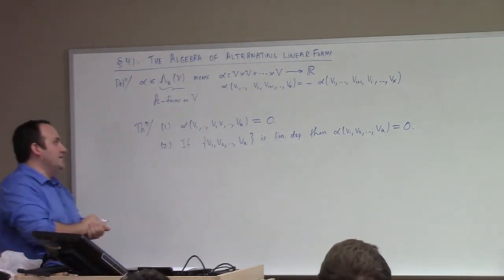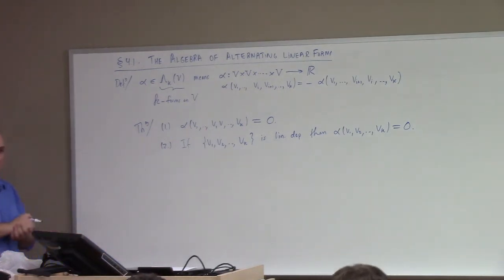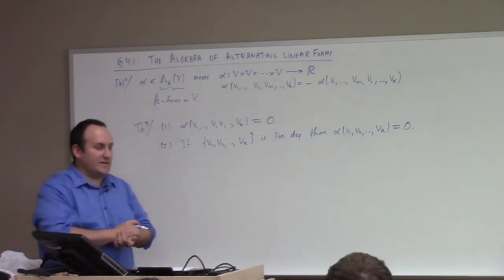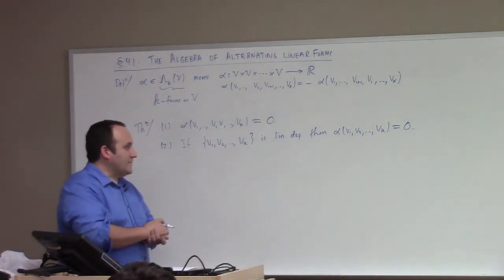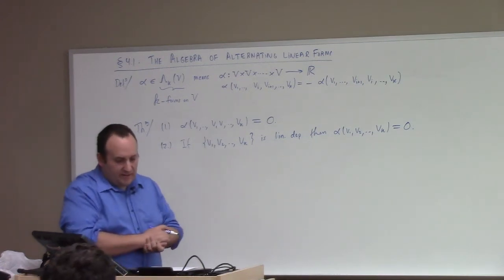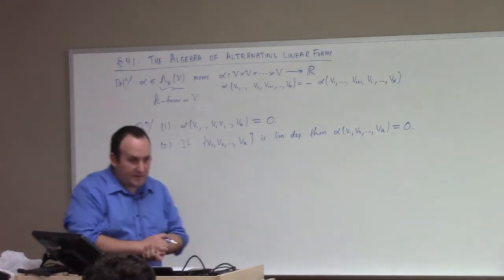I'm sorry, cart before horse. So of course 1 is a very special kind of linear dependence, right? When you have one of them is literally the other one. But 2, actually any linear dependence amongst the entries will cause it to be 0.